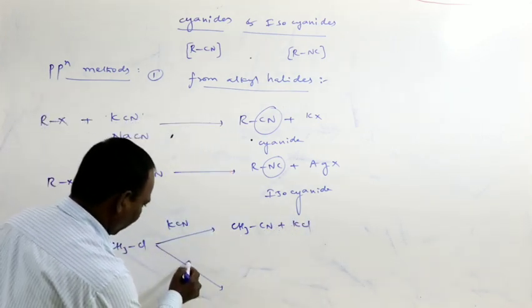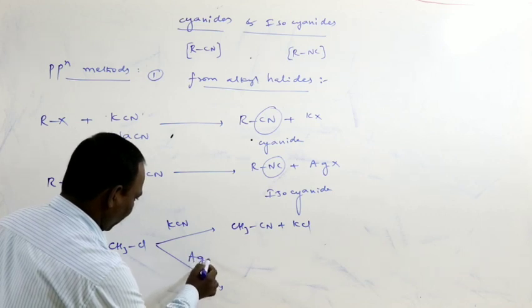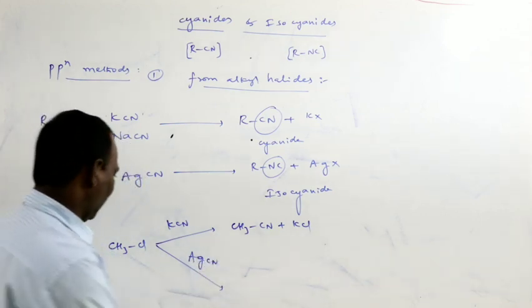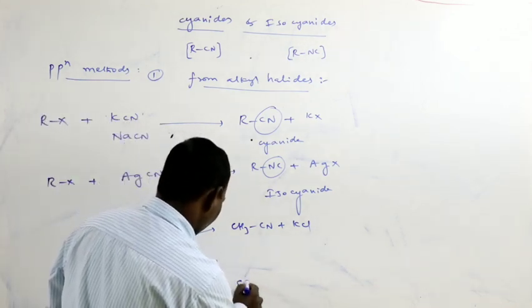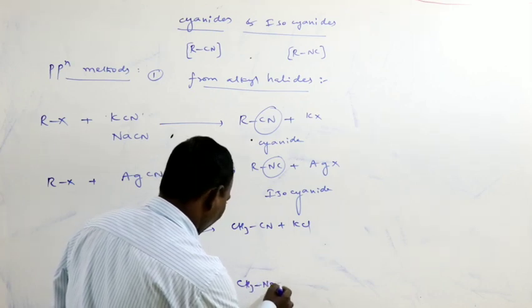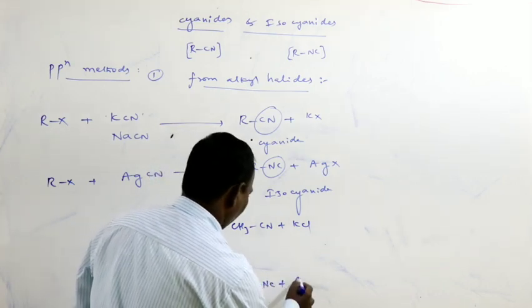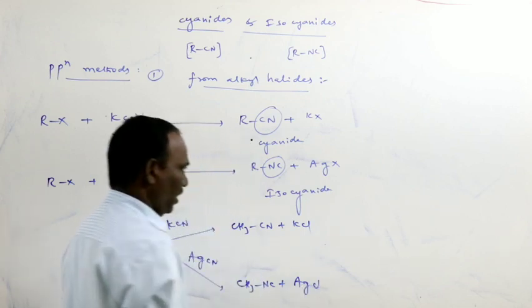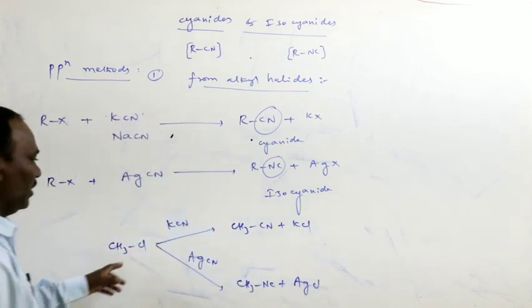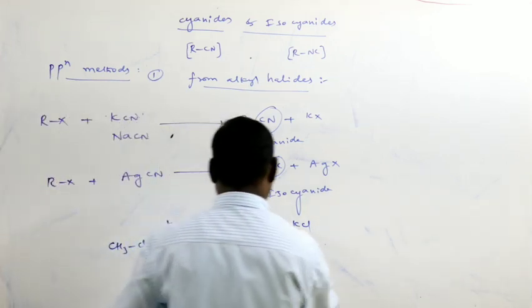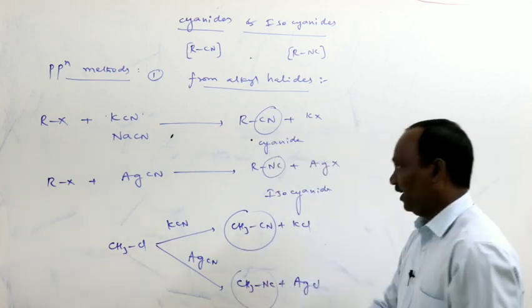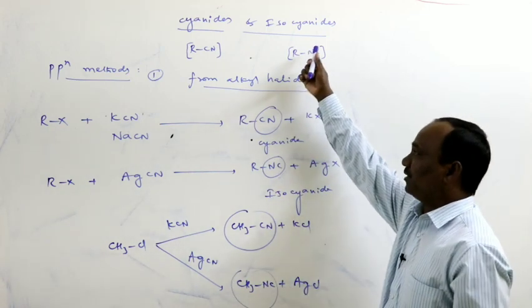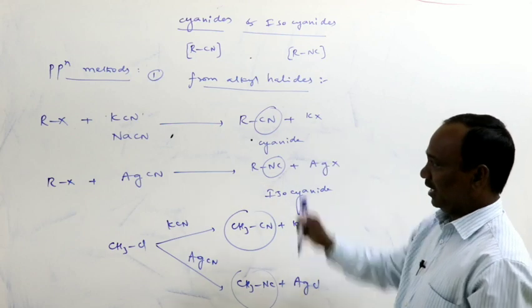If it is treated with AgCN, silver cyanide, it gives CH3NC, methyl isocyanide plus AgCl. So methyl cyanide and methyl isocyanide formation, the preparation of cyanides and isocyanides from alkyl halides.